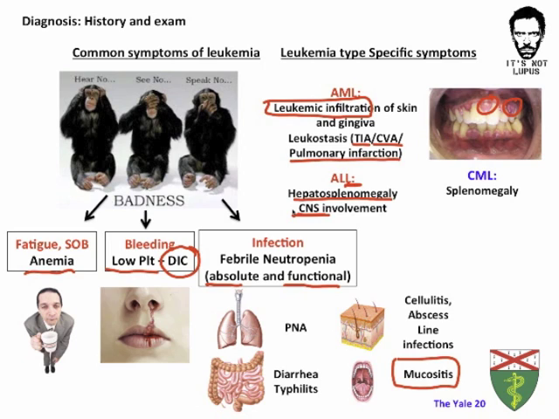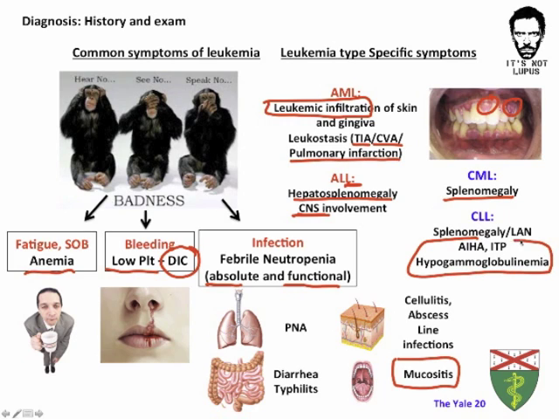CML, quite significant splenomegaly too. And CLL, splenomegaly and lymphadenopathy are common, but also classically a complex of autoimmune hemolytic anemia, immune-mediated thrombocytopenia, and hypogammaglobulinemia. So a low amount of immunoglobulins.